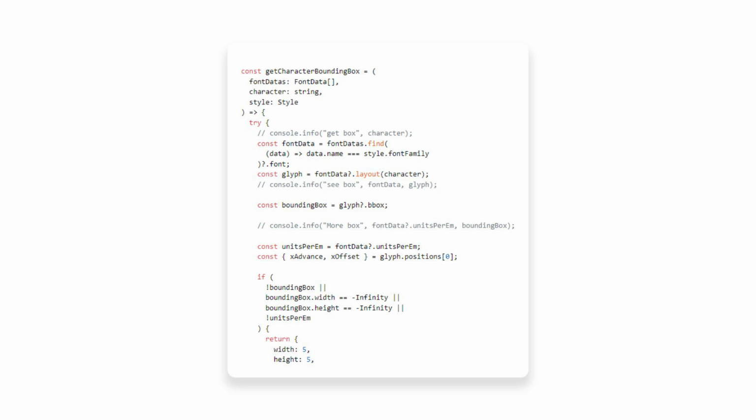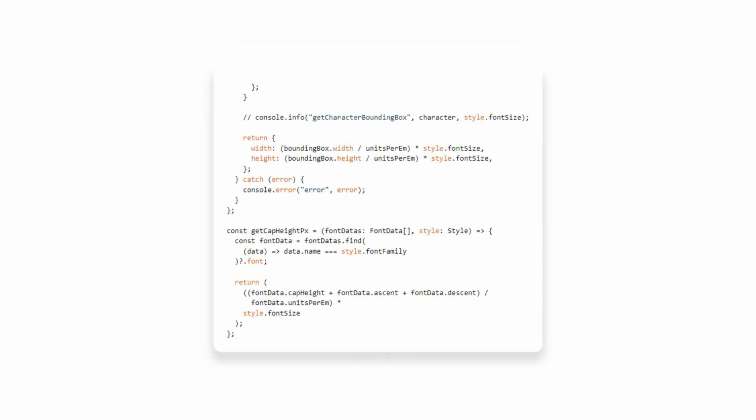Bounding box extraction. It retrieves the bounding box from the glyph, which defines the dimensions that enclose the character. 4. Units per em and positioning. It also accesses units per em from font data and the x advance and x offset values from the glyph's positions. 5. Validation check. It checks if the bounding box is valid, not undefined or infinitely small, and ensures units per em is present. If any conditions are not met, it returns a default size of 5 by 5.